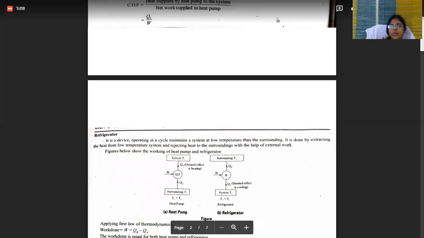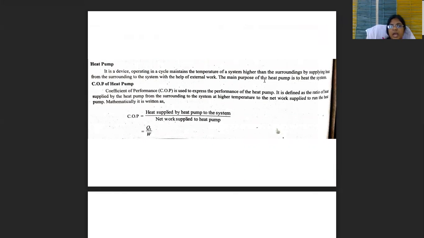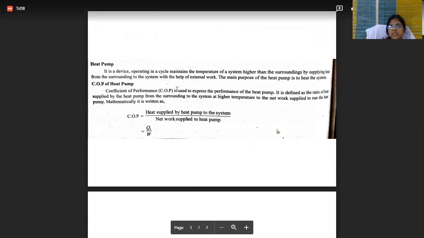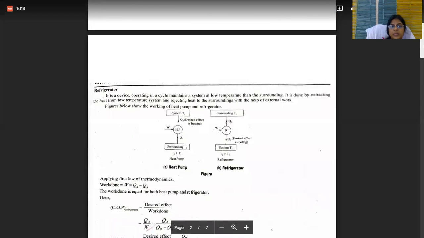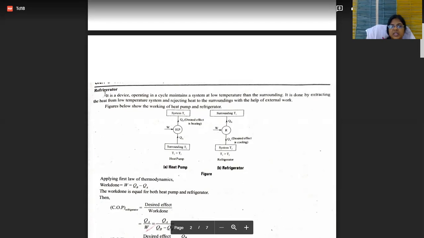The main difference: in a heat pump, we maintain the system at a higher temperature than the surroundings, and in a refrigerator, we maintain the system at a lower temperature than the surroundings. It is done by extracting heat from the lower temperature and rejecting heat to the surroundings with the help of external work.